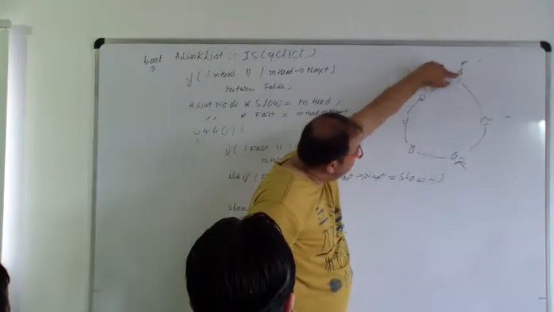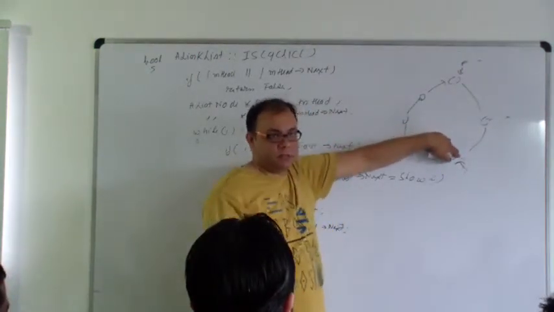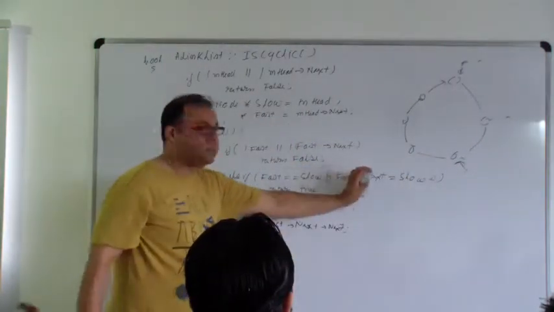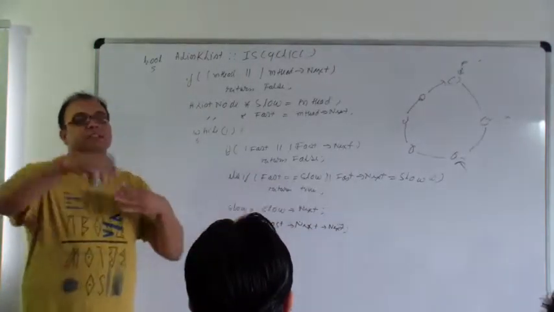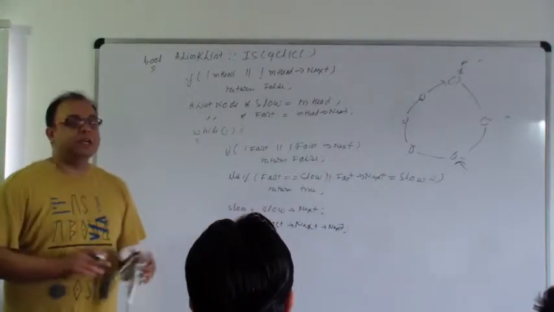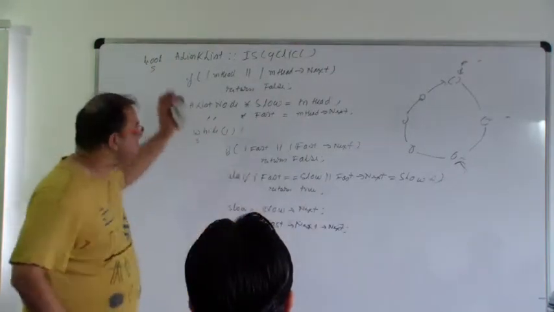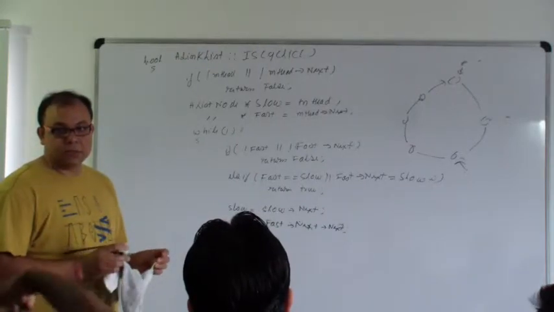So fast arrow next is slow, which means that it is a cycle. I did not have to write this, because it will eventually meet, but this will speed up the process. It reduces one step, and not only that, it also reduces one complete cycle iteration.